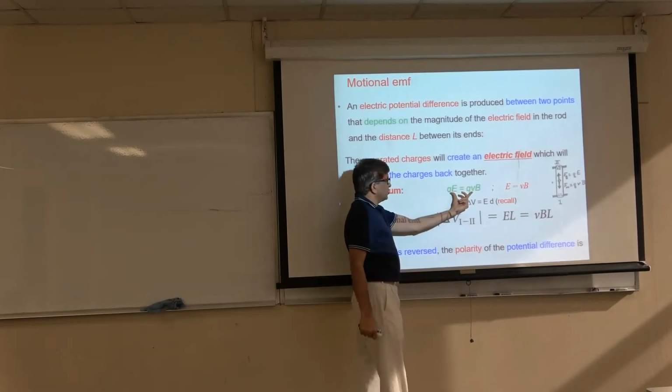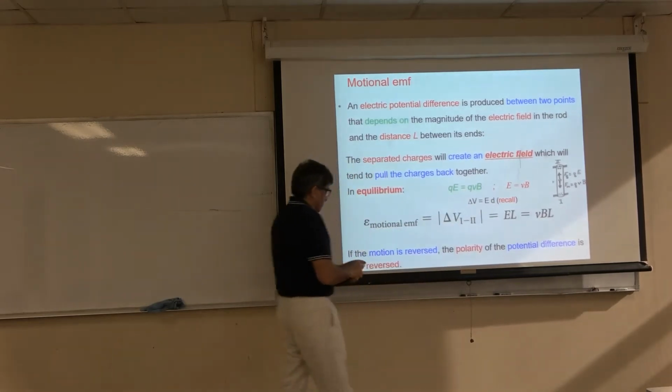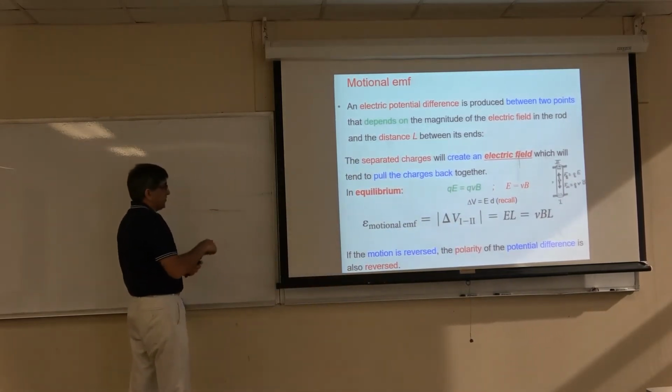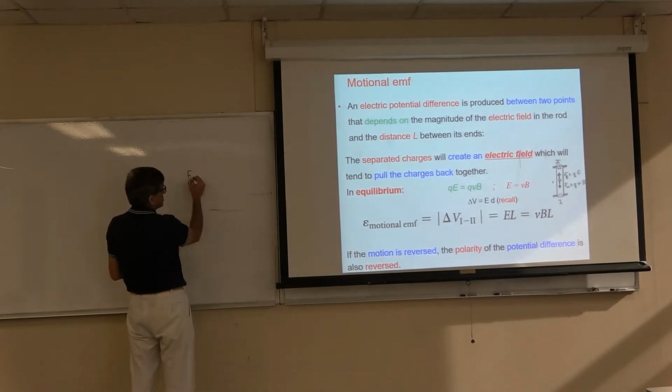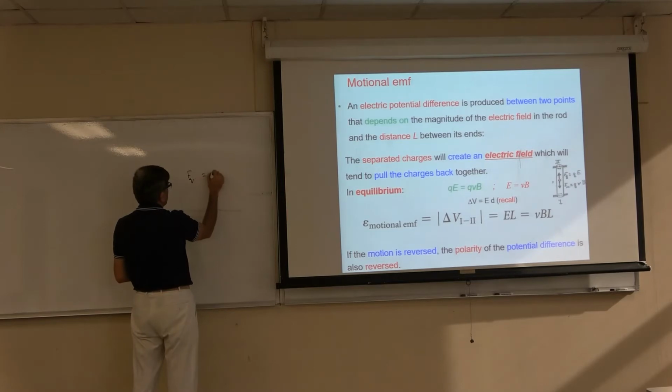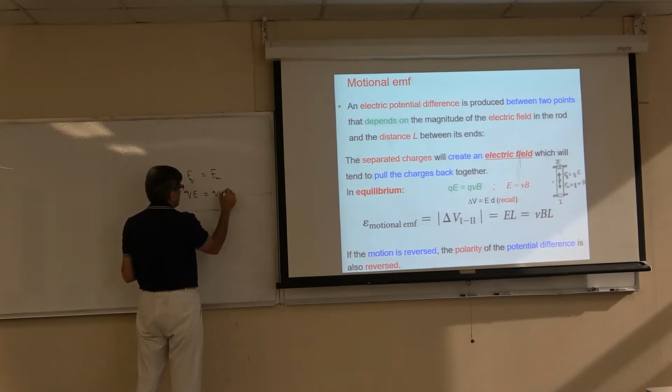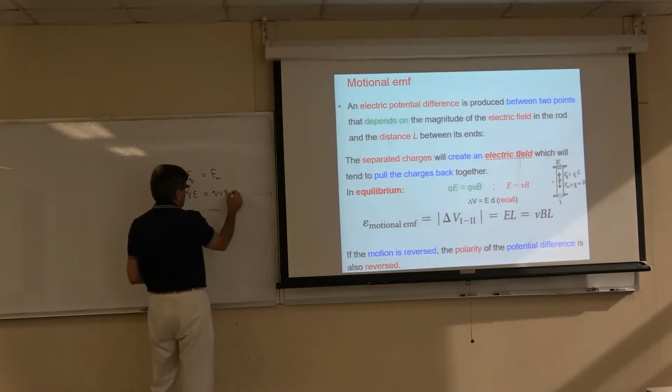When I equate the two, the electrical force on the charge is equal to the magnetic force on the charge, which is Q times E equal to QVB sine theta.